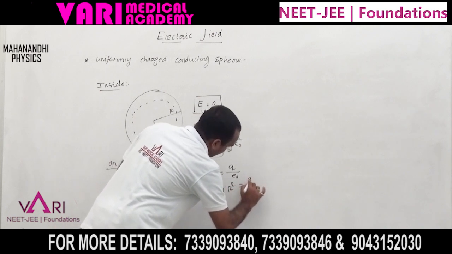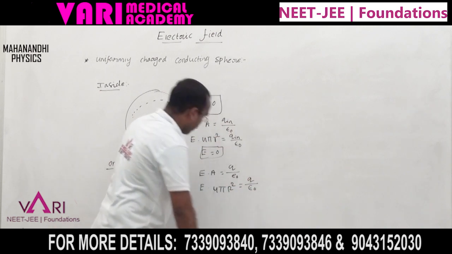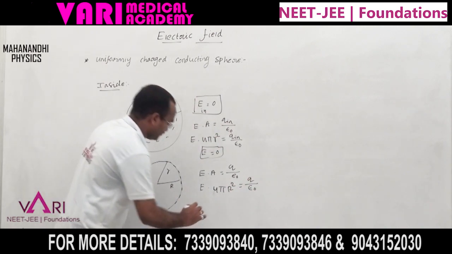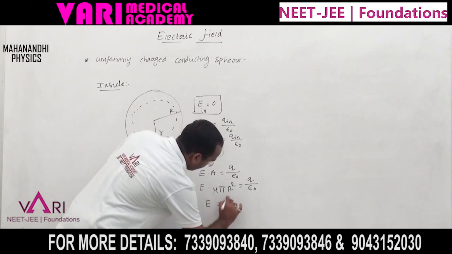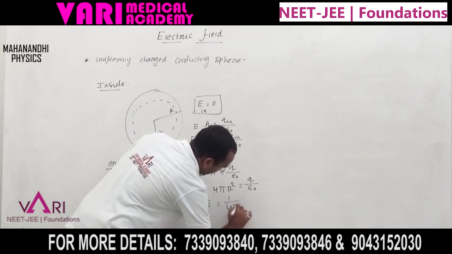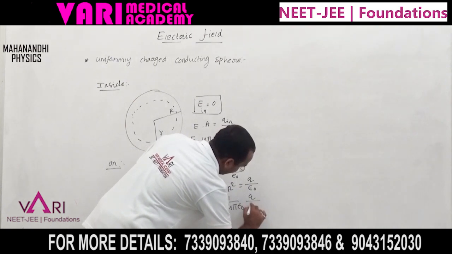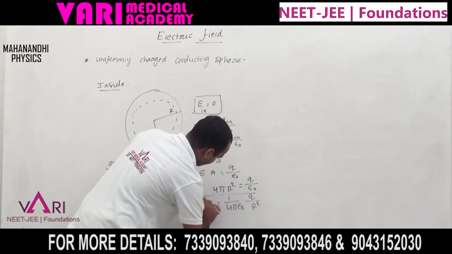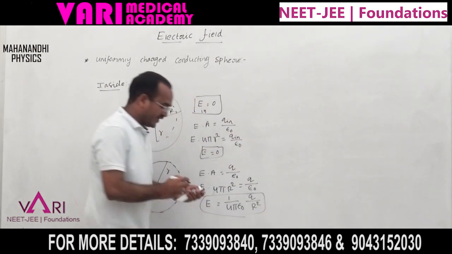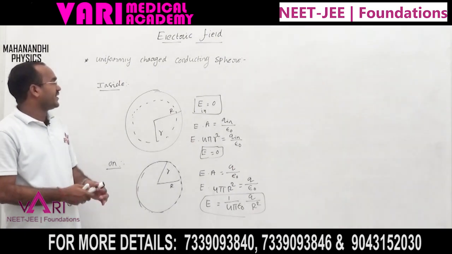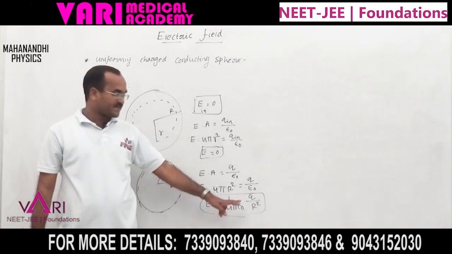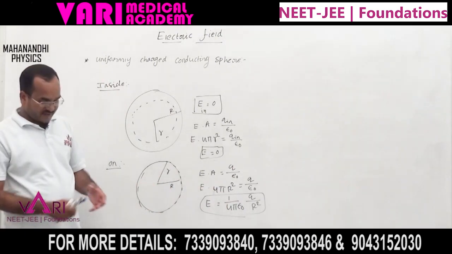So E is 1 by 4 pi epsilon naught Q by capital R square. On the surface of the conducting solid sphere, E equals 1 by 4 pi epsilon naught Q by R square.